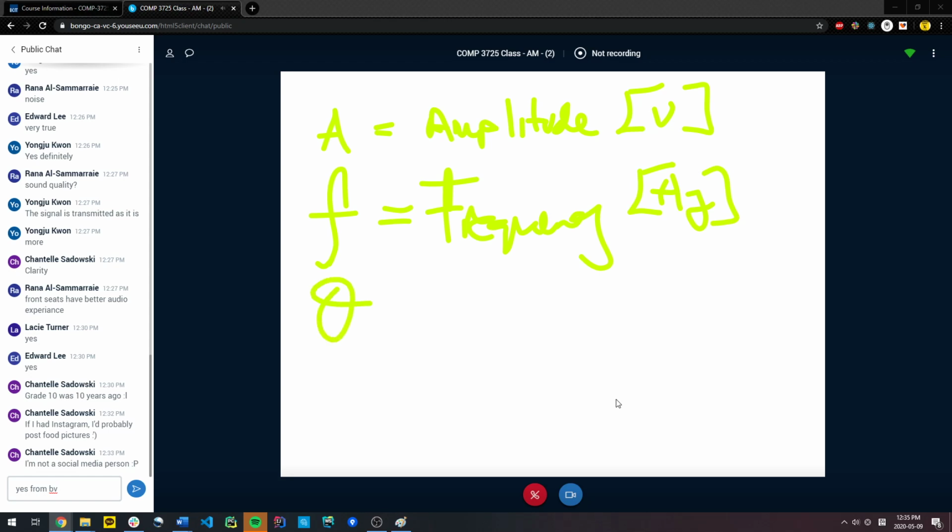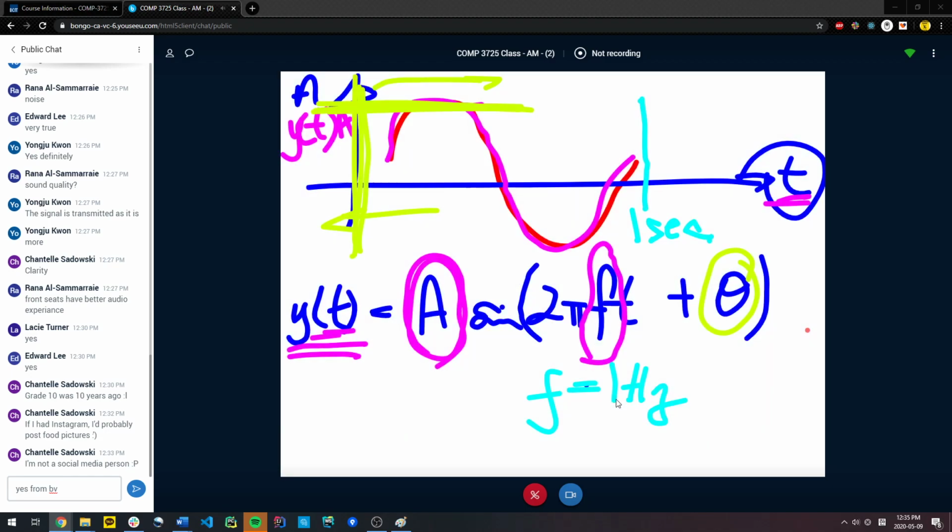And then theta is the phase shift, and this is measured either in degrees or in radians. So if we go back to this diagram, these are really the three parameters that I want you to be aware of: your amplitude, your frequency, and your phase shift.